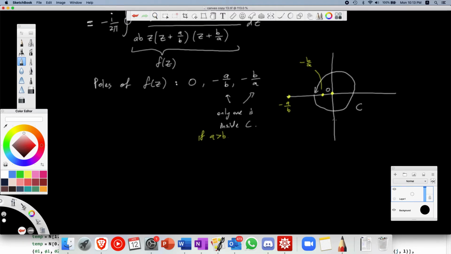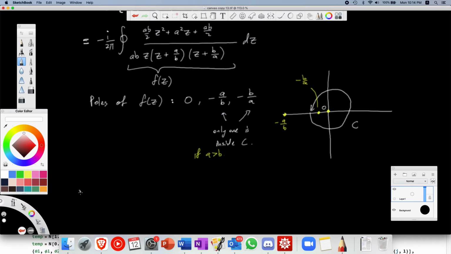In the case where a is greater than b, the minus b over a pole is inside, and then this contour integral will simply be 2 pi i times the residues. So the residues at the two poles enclosed: the residue of the 0 pole plus the residue of the minus b over a pole.